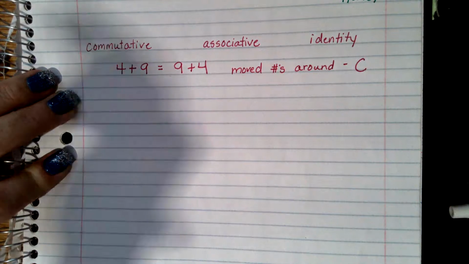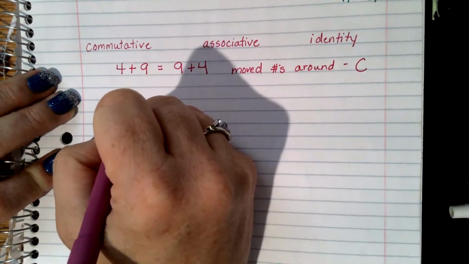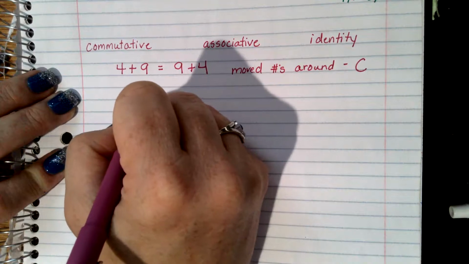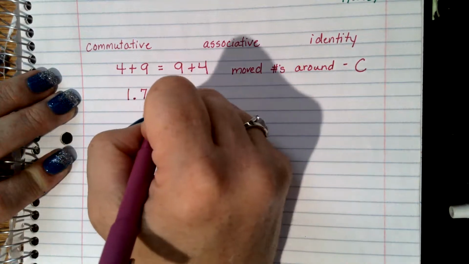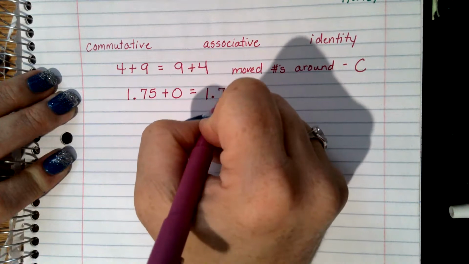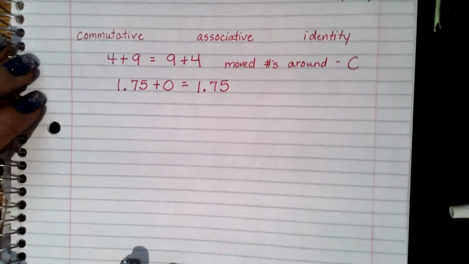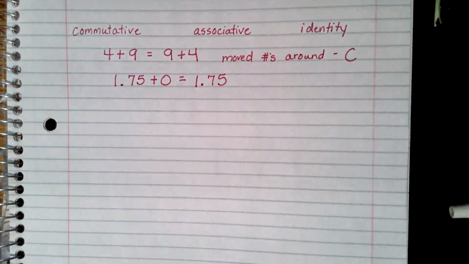All right, so let's do 1.75 plus 0 equals 1.75. Which property would be related to that?